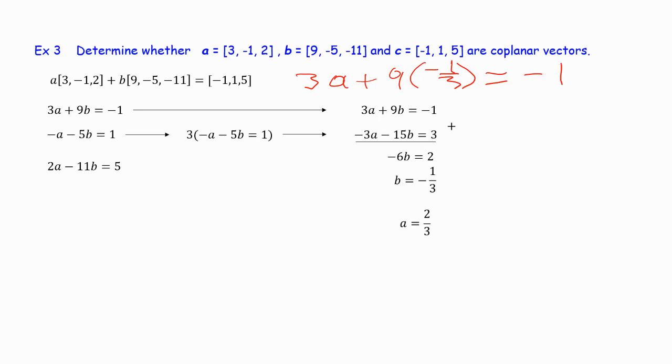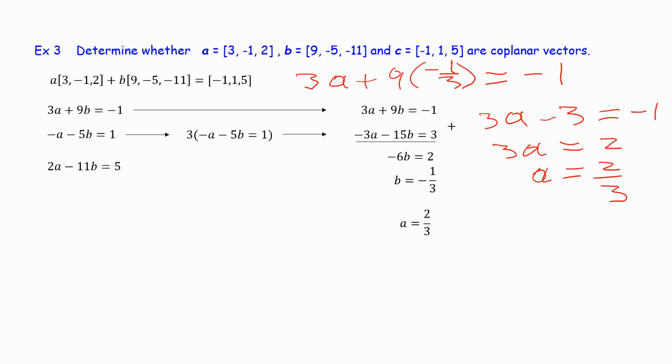I'm just substituting that into the equation. So 3A, now 9 times minus 1/3 gives me minus 3, equals minus 1. Then all I have to do is add that 3 to the two sides. So 3A is equal to 2, and that's where the A of 2/3 comes from. All right, just thought I'd make that quick point there.